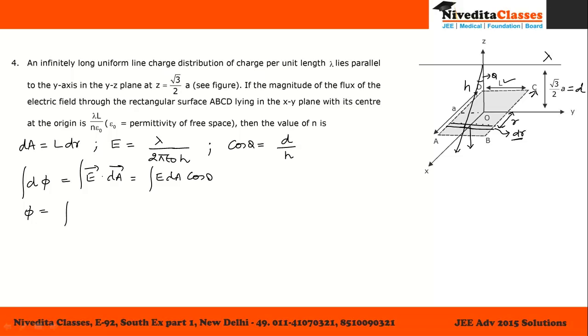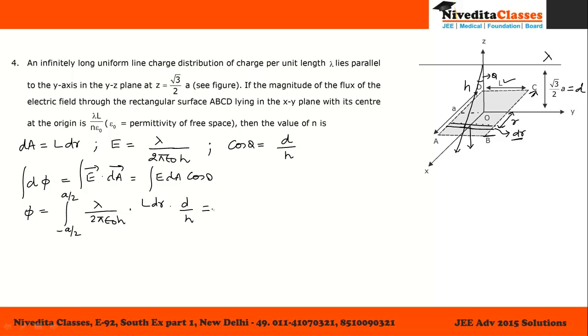Putting in the values of E, dA and cos theta, we have lambda divided by 2 pi epsilon naught h, multiplied by L dr, multiplied by d divided by h.